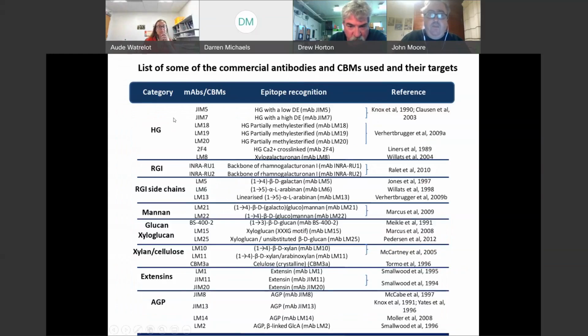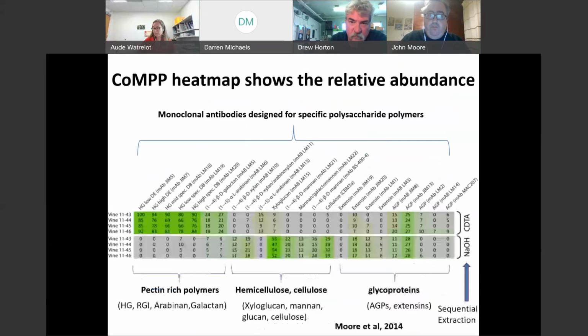So for example, there are 7 antibodies that recognize homogalacturonan and 2 antibodies against RG1, which are important pectin components, and then additional antibodies against xyloglucan and glucans and xylans and cellulose, as well as proteins such as extensins and AGPs.